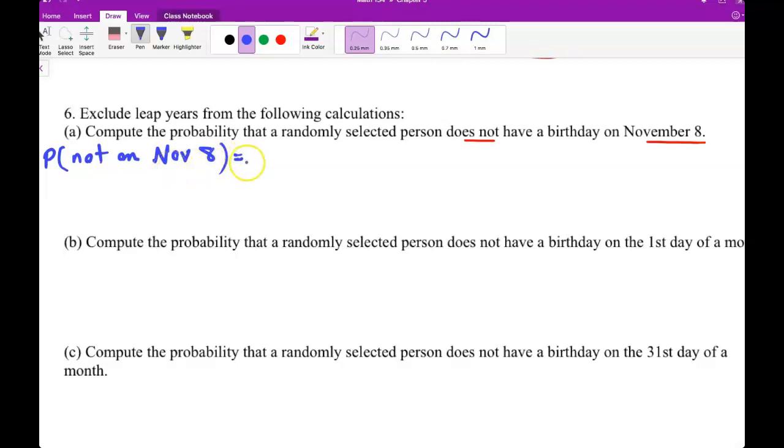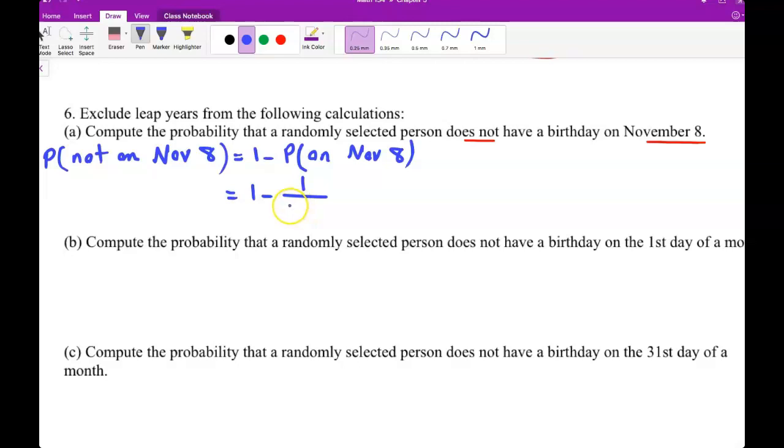Since we have "not", again I'm subtracting from 1. 1 minus how many November 8s we have in a year? We only have one day that is November 8.